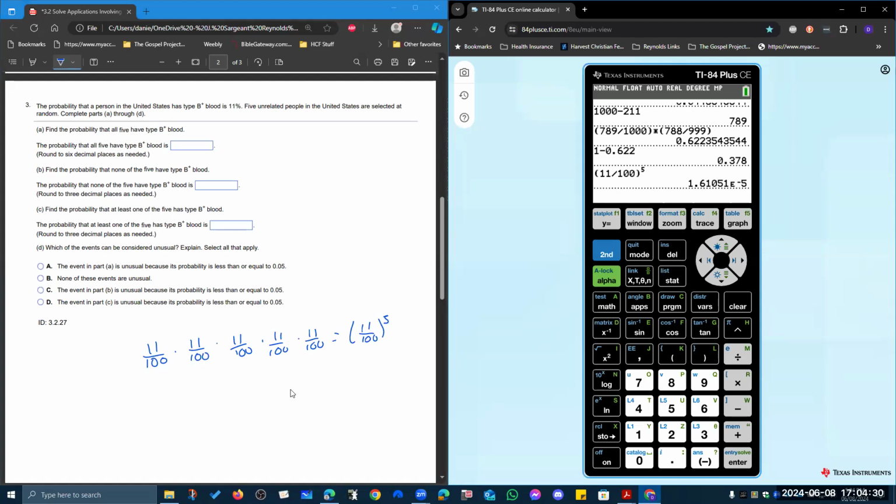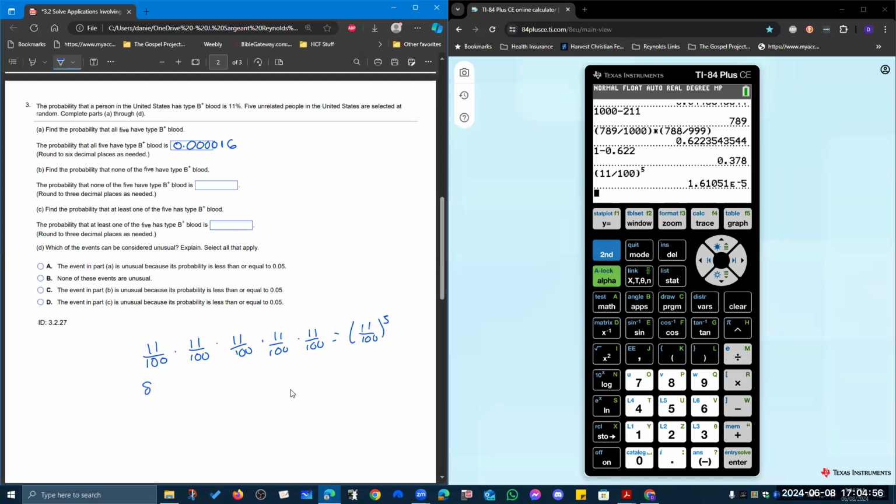So let's write that, 11 out of 100 raised to the 5th power. And that is, round to 6 decimal places, 0 point, and I have 4 zeros in front of this 1. 1, 2, 3, 4, 1, 6. Now let's find the probability that none of them have type B blood.